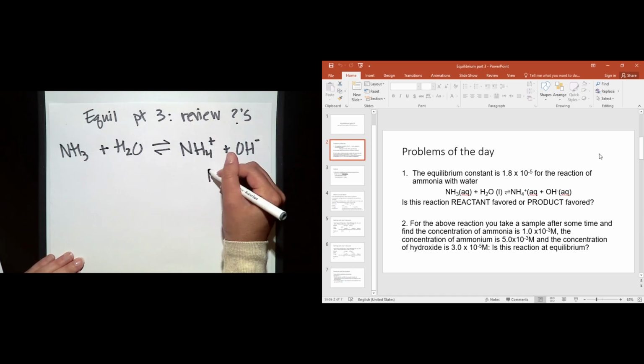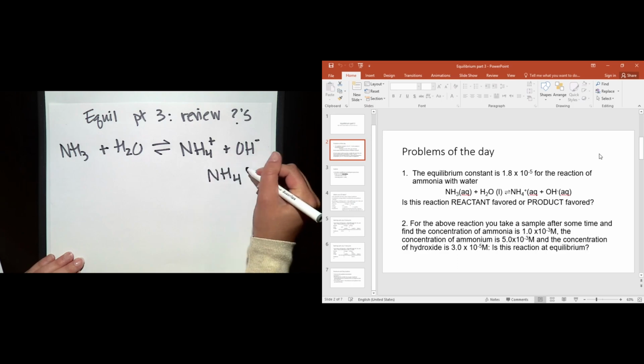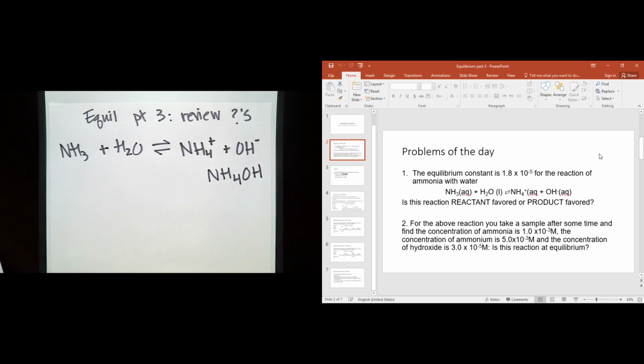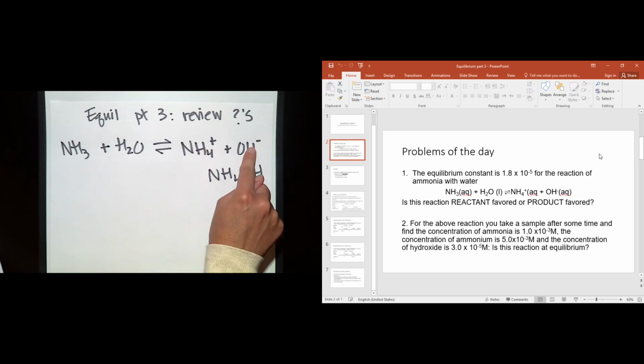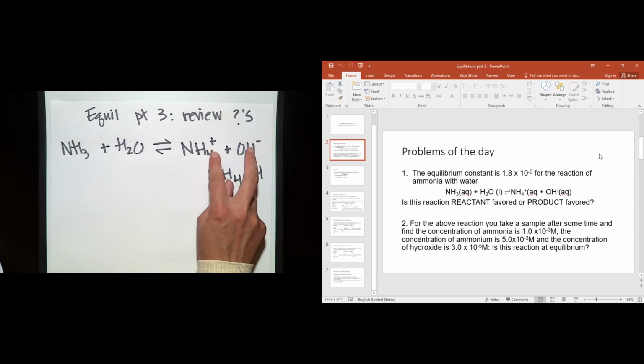Now, you'll usually see this written as one ionic compound that's made of two polyatomic ions. I just wrote it out separately because it's easier to see the proton transfer. And pretty soon we'll be talking about acids and bases.